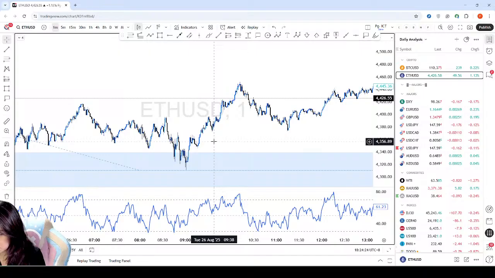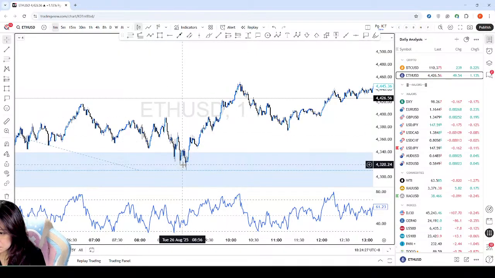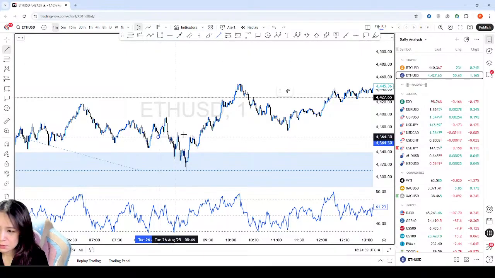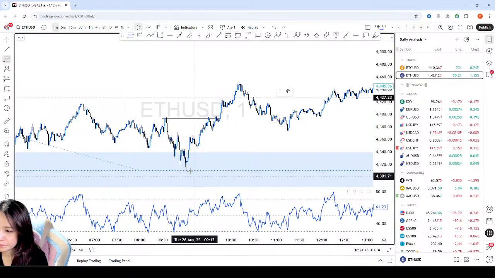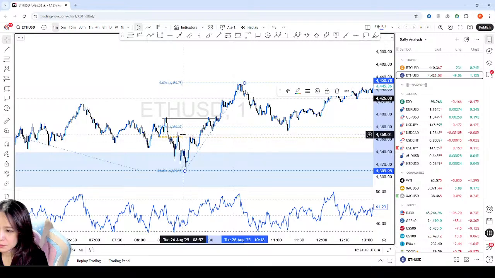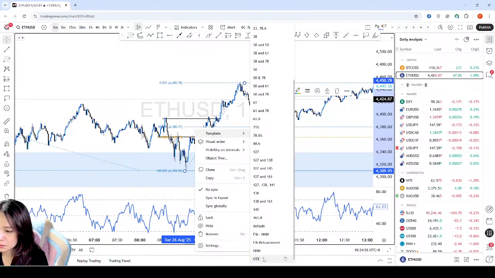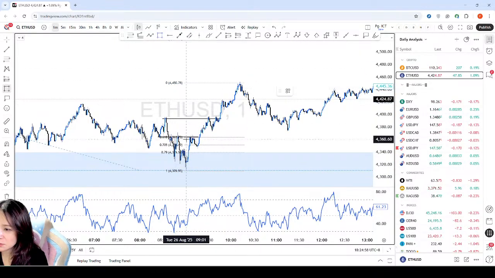I would say either here in M1, or either here. So I will have the zone something like that. This is my OTE. My OTE is going to be somewhere around here, right?